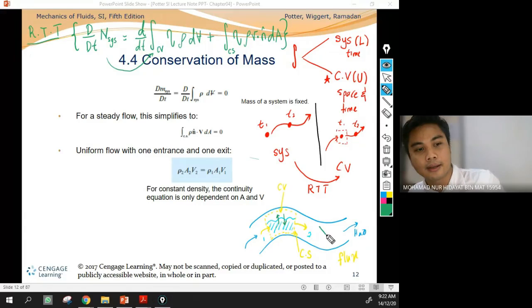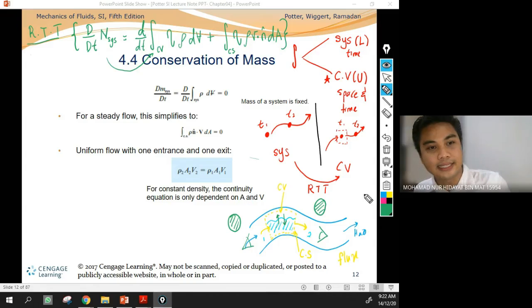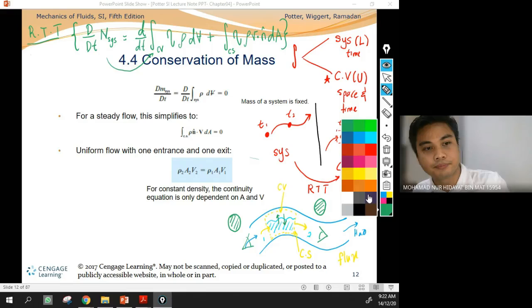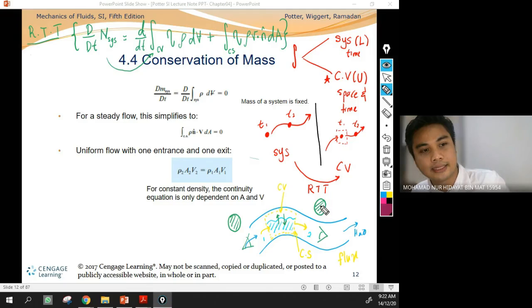If you look here in this definition, we have the surface area. The cross-sectional area will be like this if you see it in this direction. Same goes for this direction. You will see the surface area is a circle. The flux is, by definition, the flow perpendicular to the cross-sectional area.